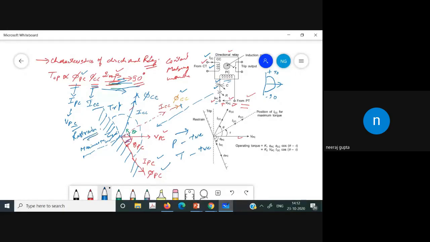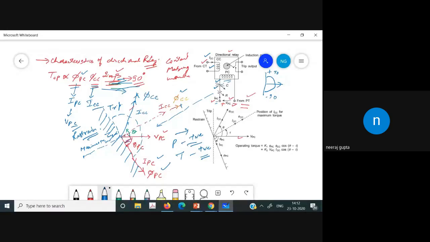Our relay will trip if it is within the trip region, because in that case the power would be positive and the torque would also be positive.